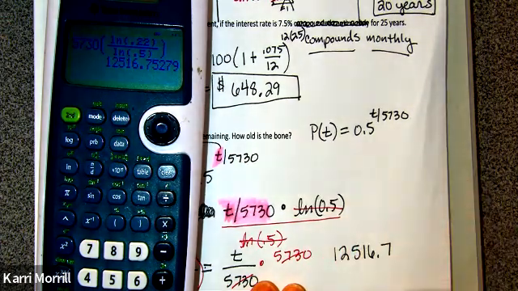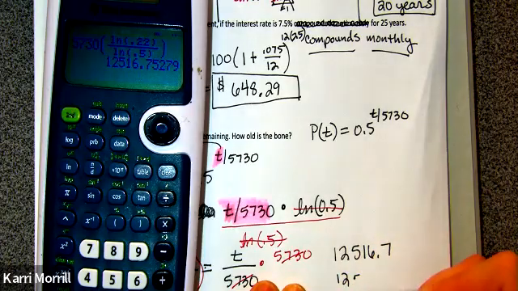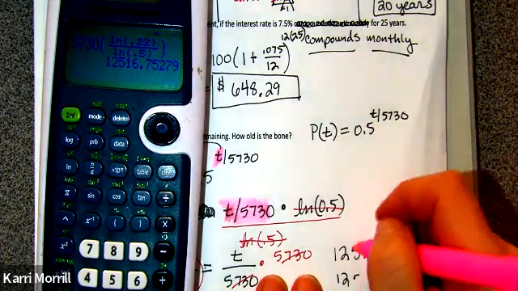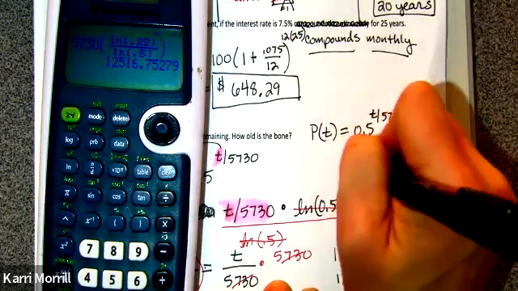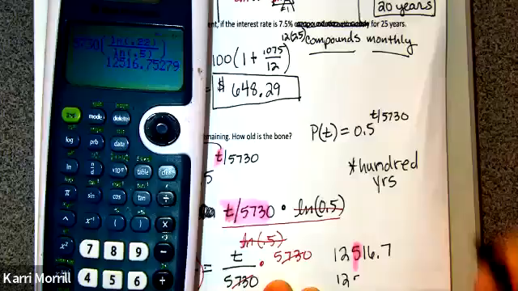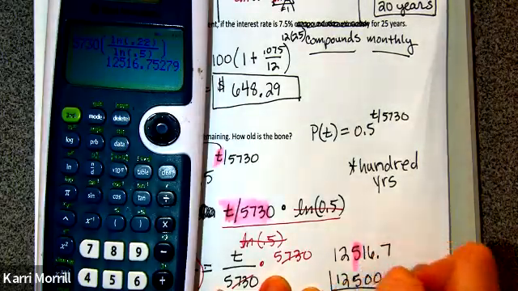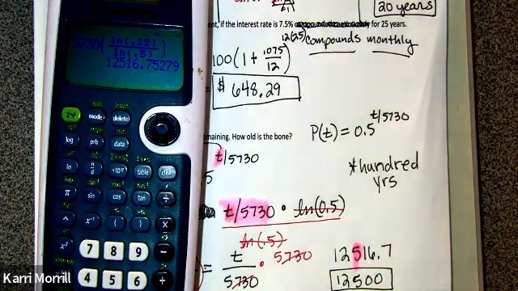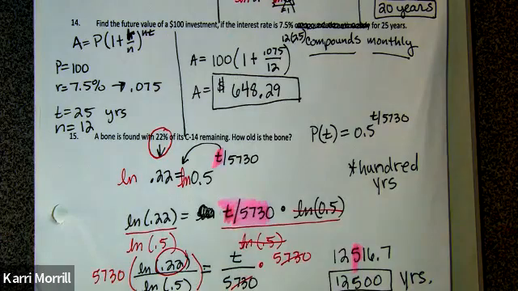Actually, I think this one's 100 years, isn't it? I think so, that's what it was. So let's say we round to the nearest 100. And I think it is on the test too. So this would be 12,500. Pretty old.